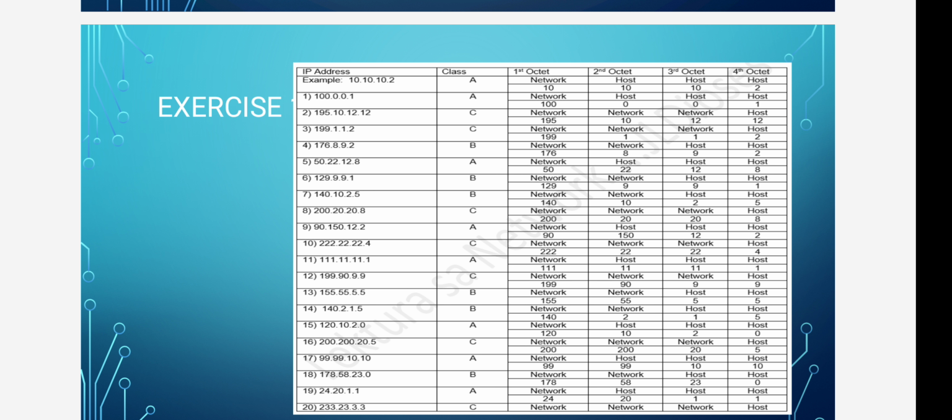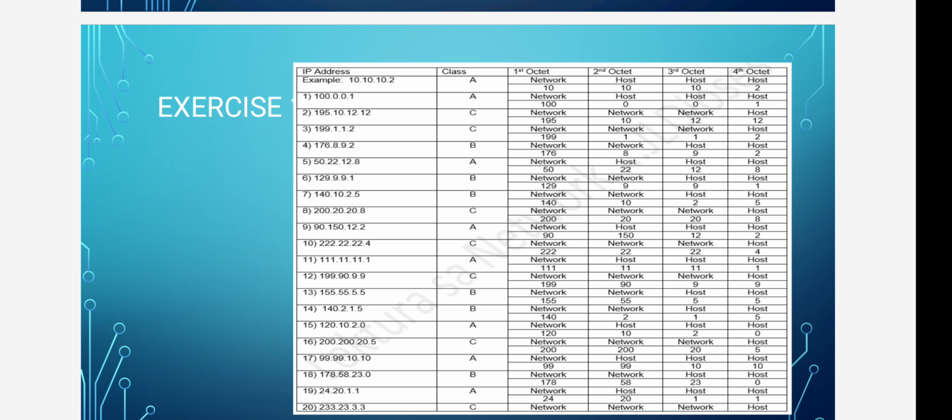As we go on by, I'll discuss to you the ranges and what's the host part and the network part of a class A, B, and C.